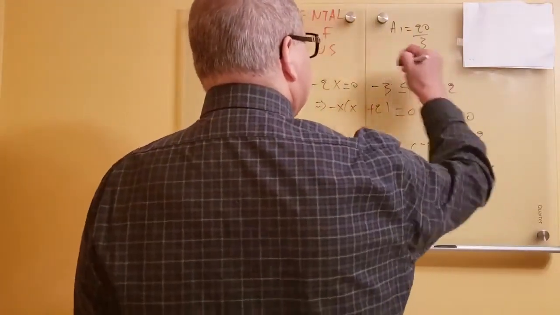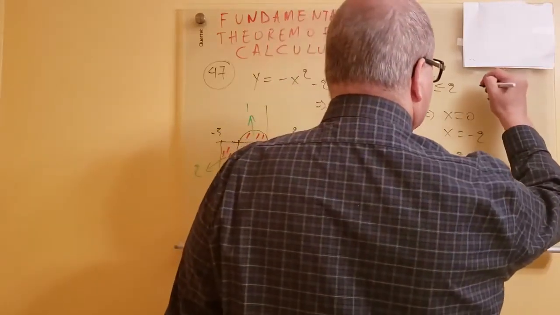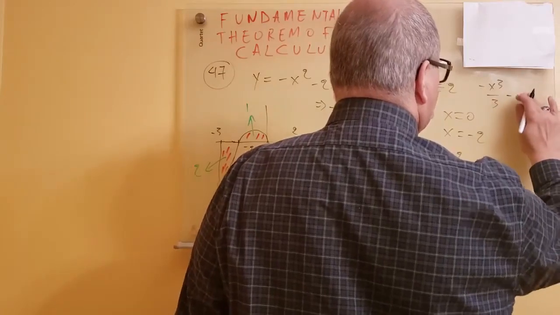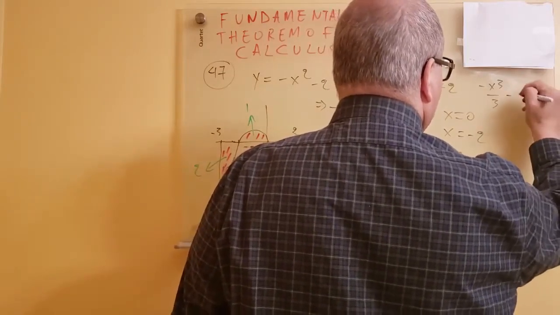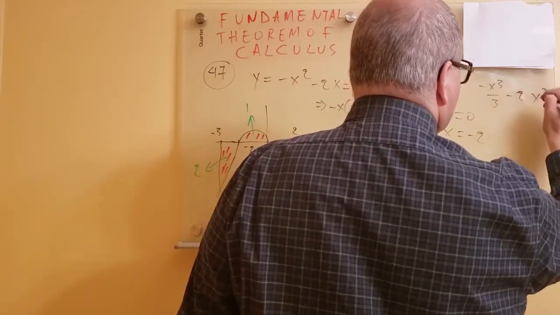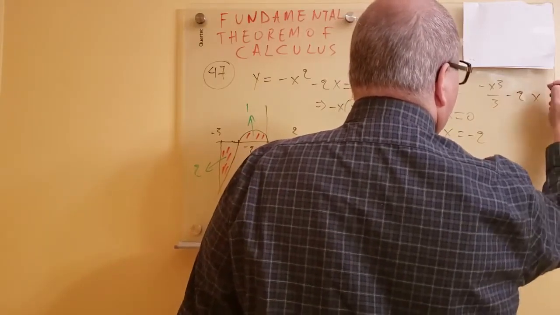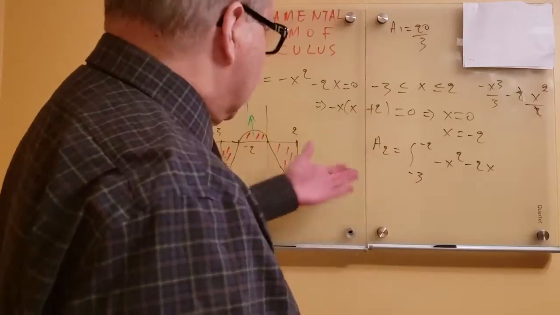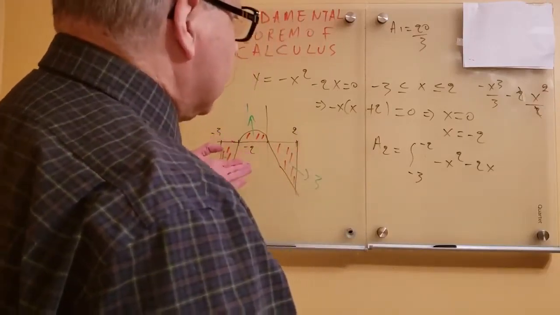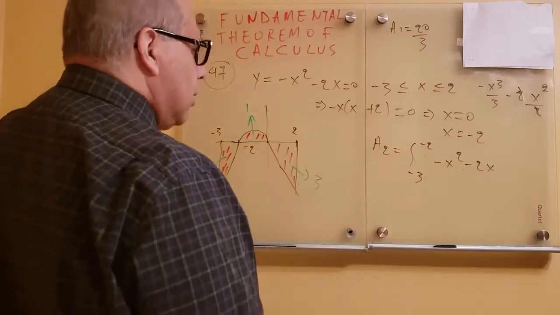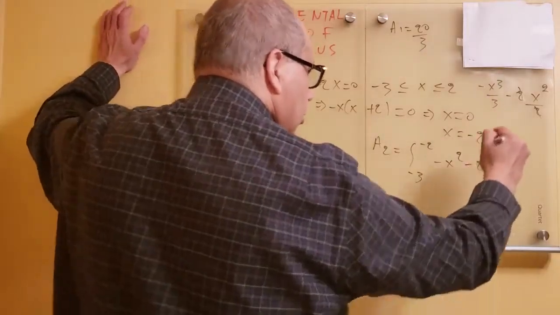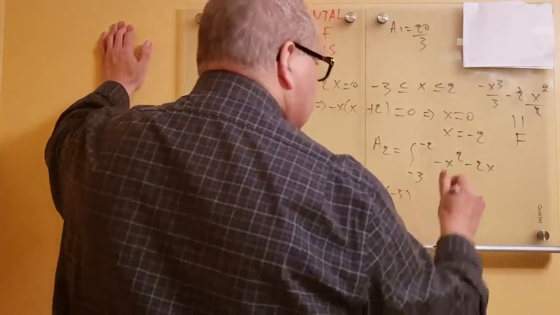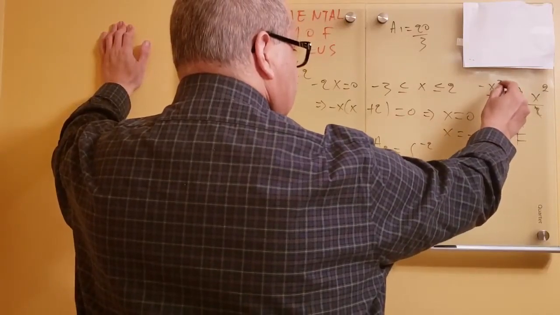We found this before, so let's keep it here. The antiderivative of this we said is x to the third over 3 minus 2x squared over 2, so this cancels with this. Now we have to evaluate it at -3 and -2. Let's call this capital F. So F at -3 is how much?